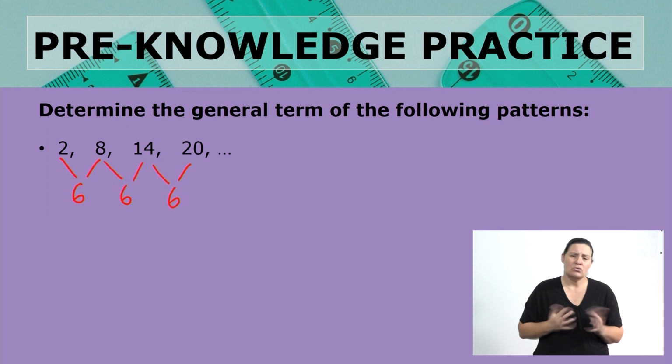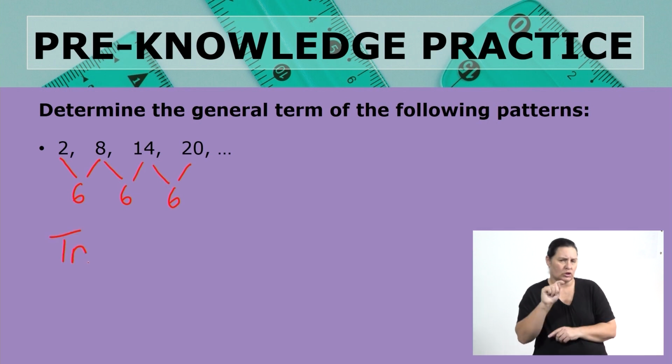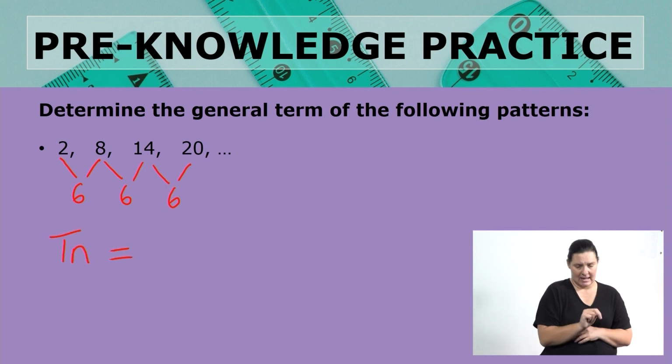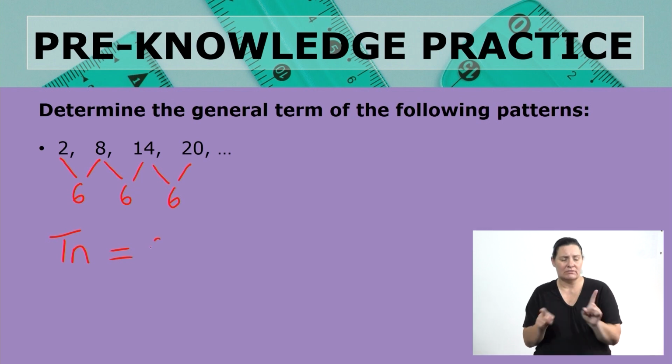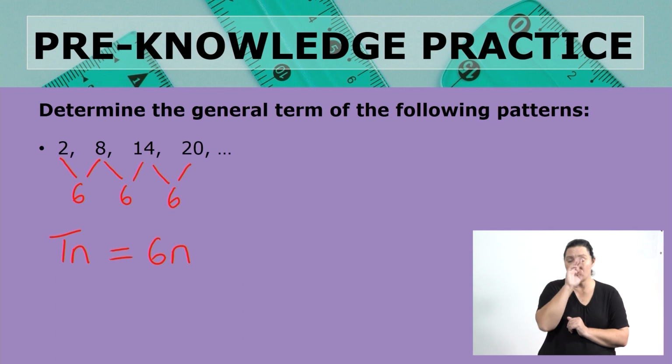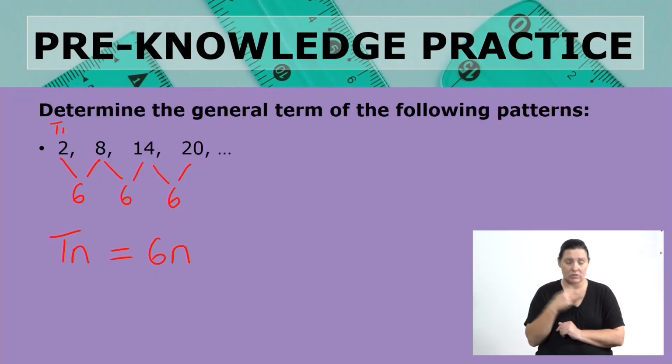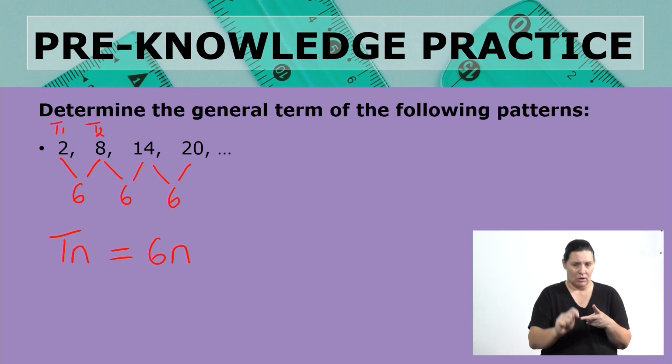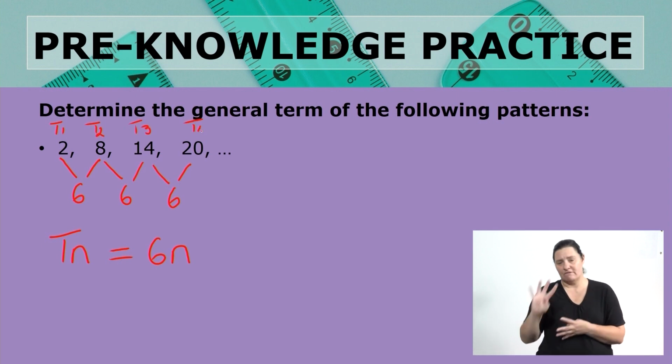So how do we find the algebraic pattern or the general term? So remember, we start with Tn. And we are going to take that constant difference, which is my 6, and we are going to multiply it by n. And remember, n is the term number. So you do remember this first one will be my first term, my second term, my third term, and then again my fourth term. So we are working with the term numbers so that we can get that pattern.